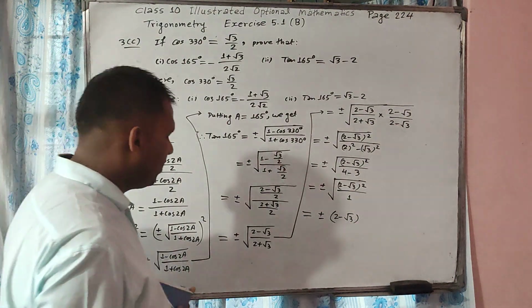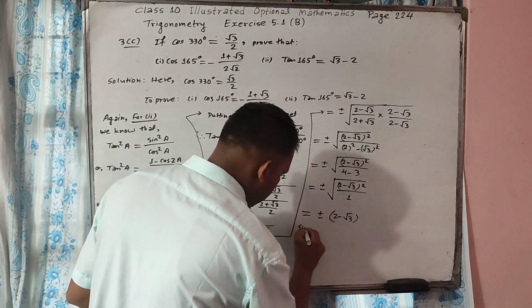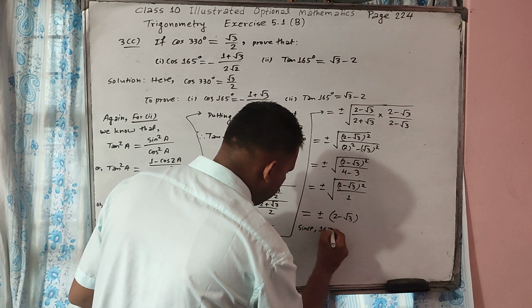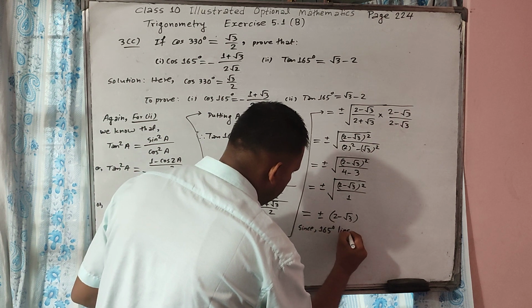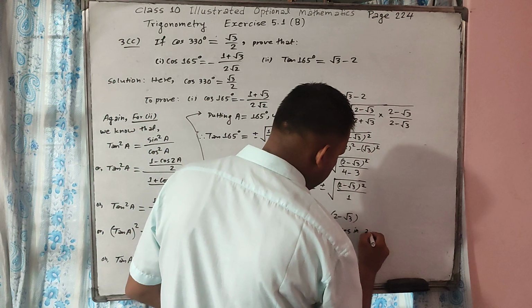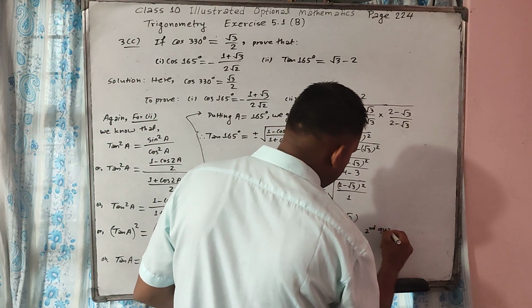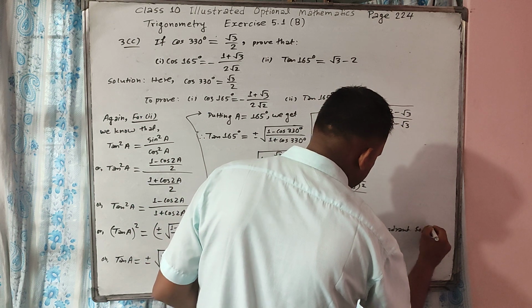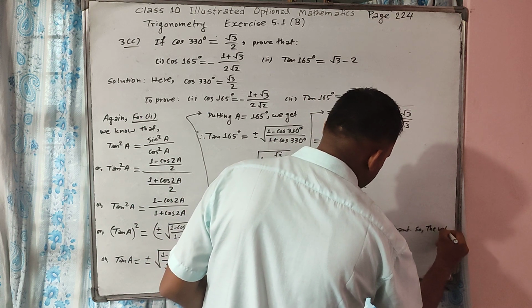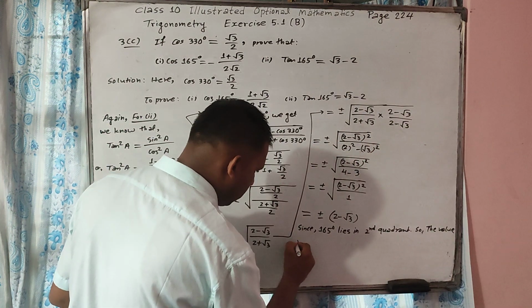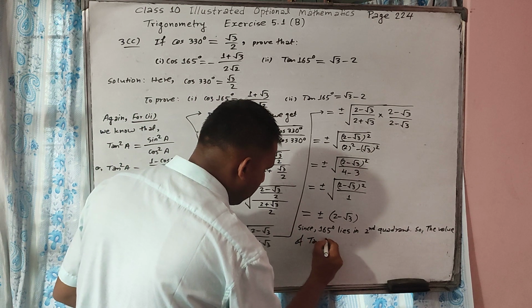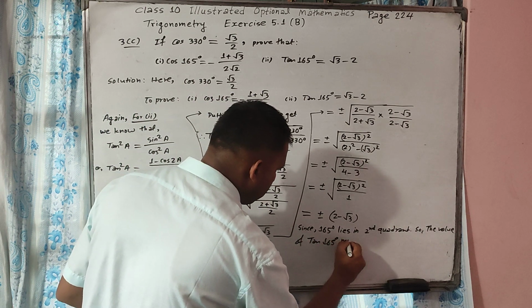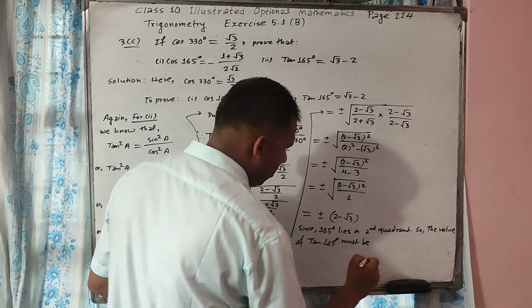Since 165 degree lies in the second quadrant, the value of tan 165 degree must be negative.